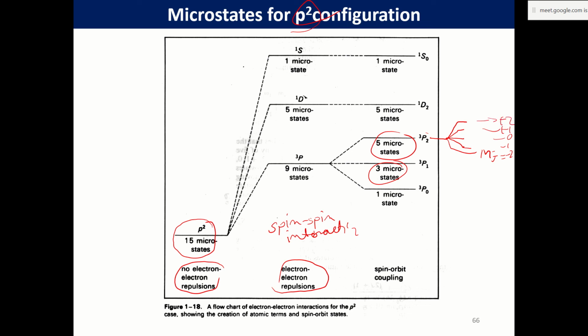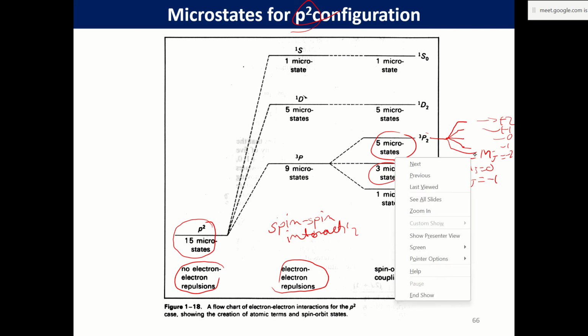For the three-fold level there will be 3, with mj equal to -1, 0, and +1. This splitting will occur only in the presence of the magnetic field.